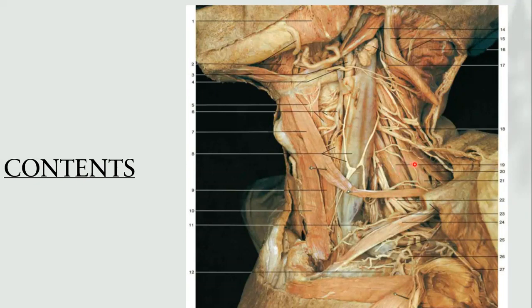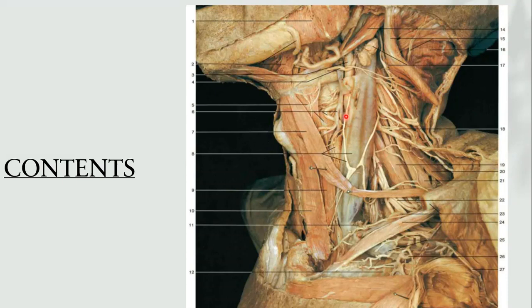And then we also have this here is the cervical plexus. So this is the cervical plexus. We discussed the cervical plexus, and you can see actually here you have your ansa cervicalis.